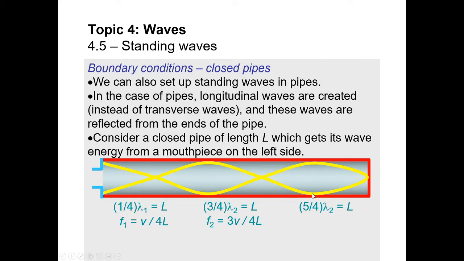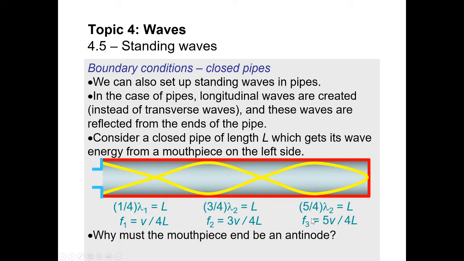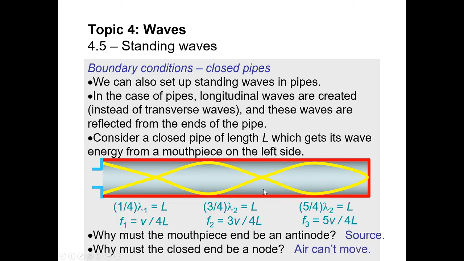So we're fitting 1 1/4 wavelengths here, and solving for F3 we get 5V over 4L, just like we saw on the paper. Okay. And we talked about why the mouthpiece is an antinode and why the closed end is a node, and that just has to do with whether or not the air can move. If you have an open end, air is moving, but at a closed end, it's reflecting. So at that point, it's not moving, it's a node.